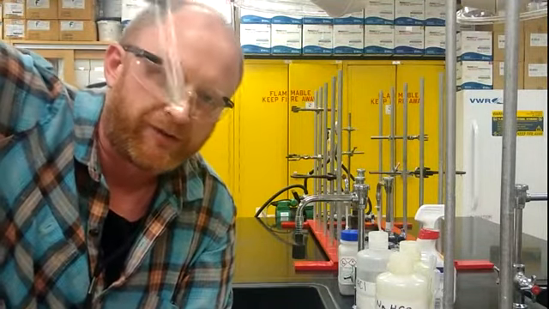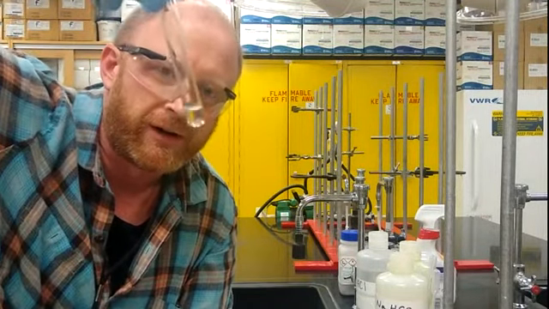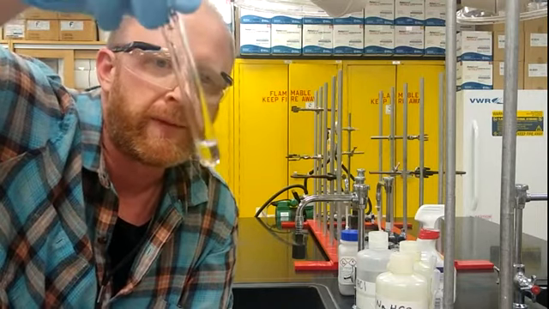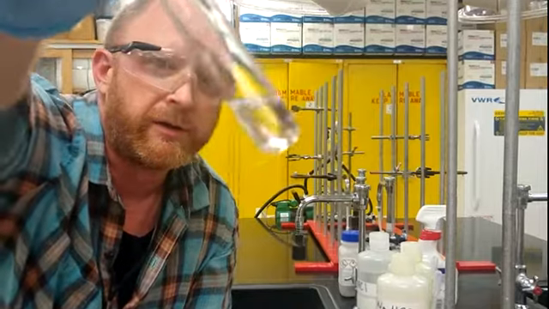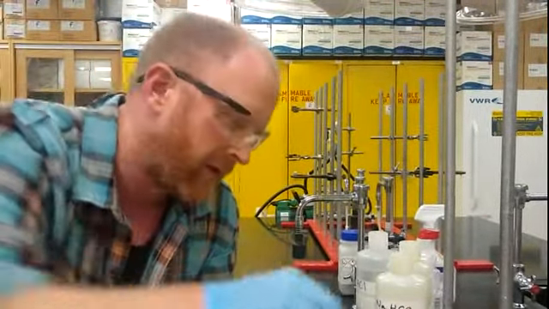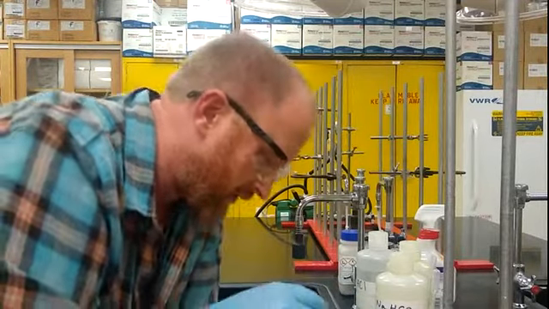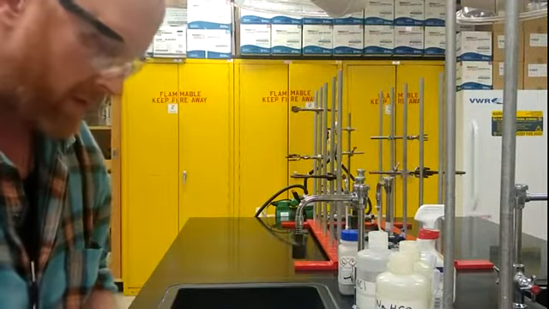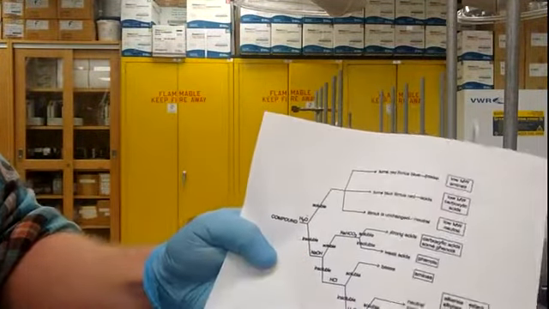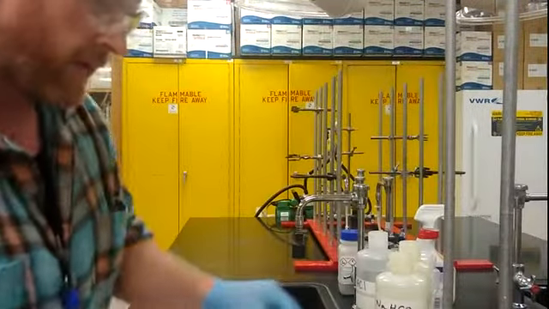I'm agitating it, mixing it, trying to get it to dissolve, and you can see that it is not going to happen. It's just settling to the bottom, insoluble. So first test done. It's insoluble, so move on to your next step.